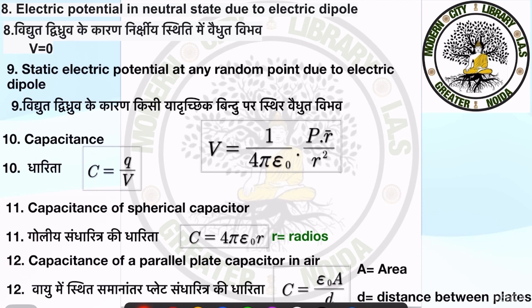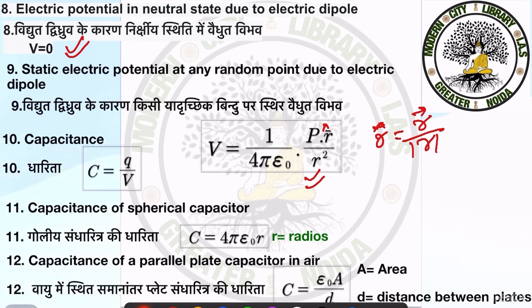The derivation will be discussed in the theory lecture. The electric potential at any random point due to an electric dipole is V equal to 1 upon 4 pi epsilon naught into P into R unit vector over R square. Here unit vector R is equal to R vector over R, the mod of R.